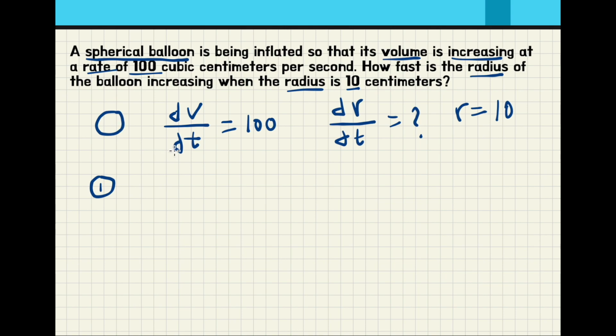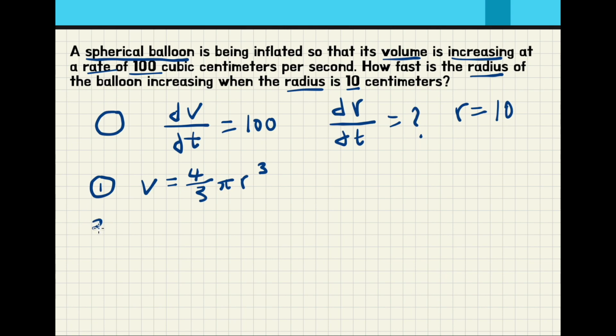What is the formula for the volume of a sphere? If you recall, that's 4 over 3 pi r cubed. That is the formula for the volume of a sphere. So it includes our volume and our radius, the two variables which are given.